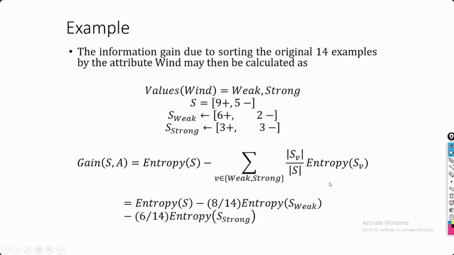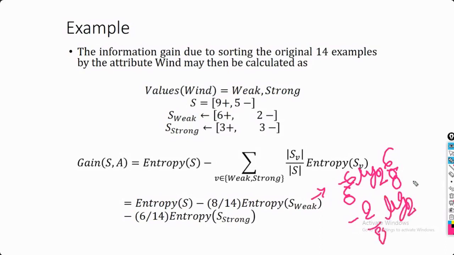Entropy of weak we can write as minus 6 over 8 log base 2 of 6 over 8 minus 2 over 8 log base 2 of 2 over 8. So this is with respect to weak. When you perform the calculation, you will get the value nearly 0.811.